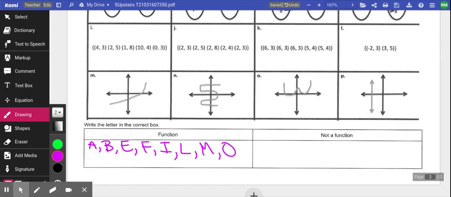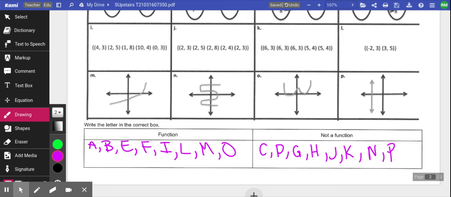We had some debate first hour about whether or not O is. This line looks like it's kind of straight, but it's not. So O, we're going to say is a function, okay? Which means all the other letters that we did not include, so that's C, D, G, H, J, K, N, and P, are all not functions. Anybody have any questions about those?